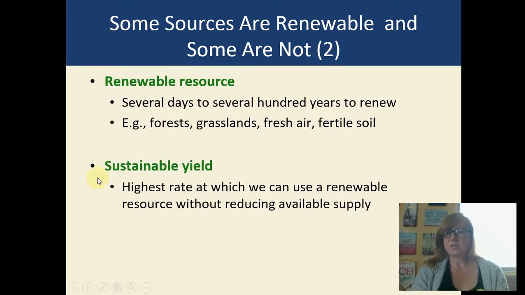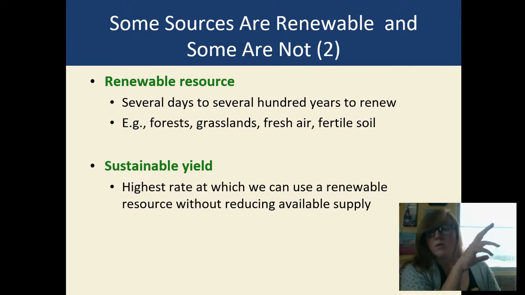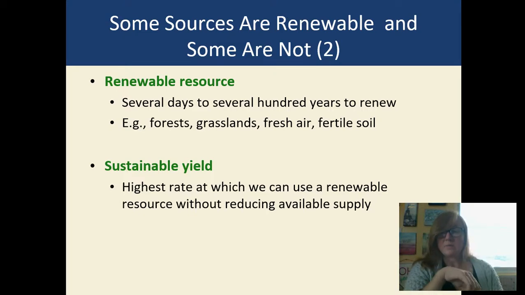And then sustainable yield, that word you might want to, by the way, I should have said this. Any of these green words, you can always write some things down. These are things that we're going to refer to in the future. So as you're going on, feel free to take notes, write what you feel is important. Here's an aside. When you're taking notes, that doesn't necessarily mean you need to write every single word that's on a PowerPoint. You can jot down the important parts, like renewable resource.